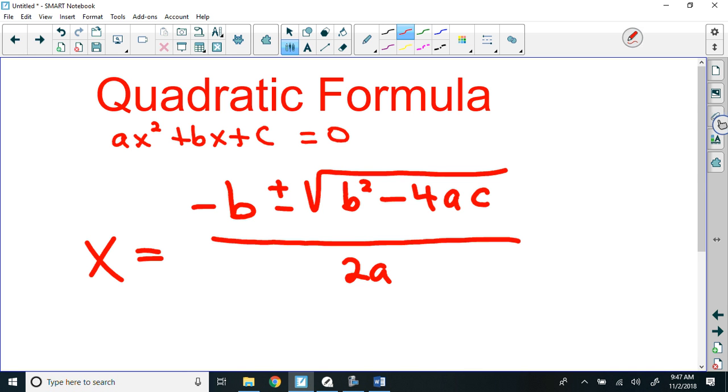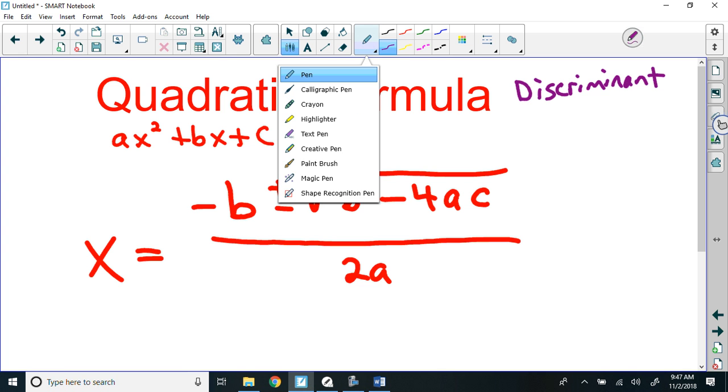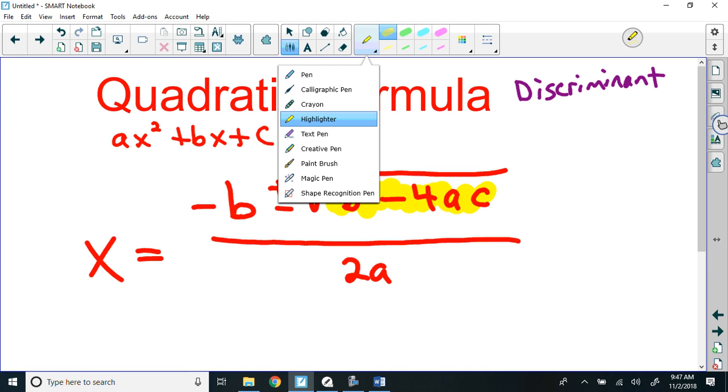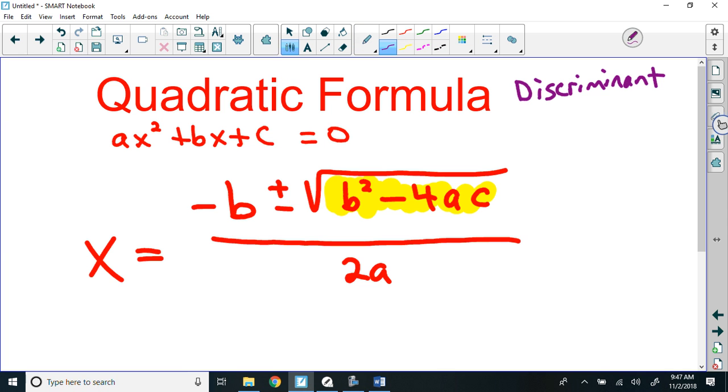So we mentioned this word, the discriminant. And actually, Microsoft Word does recognize it as a word now. The discriminant is just the radicand of the quadratic formula. So the discriminant is the radicand.